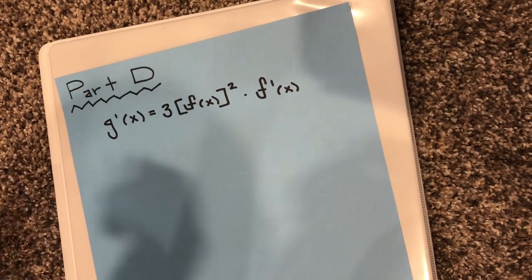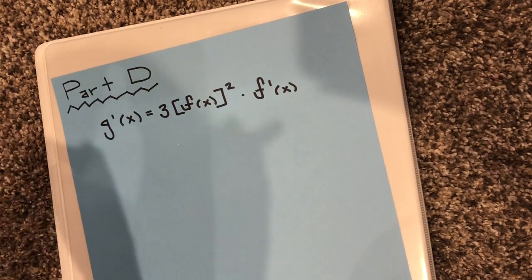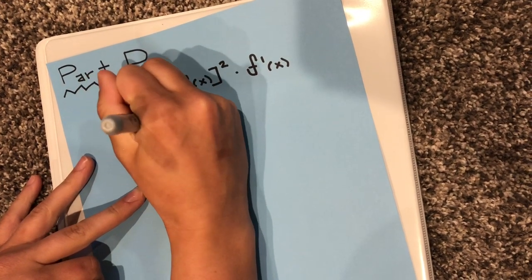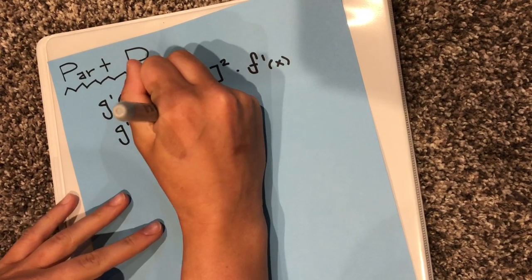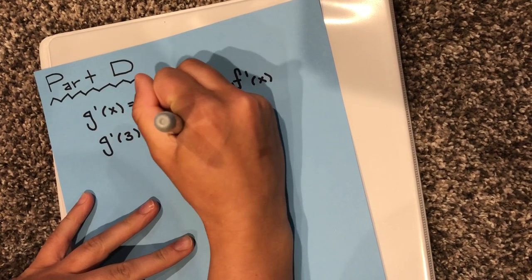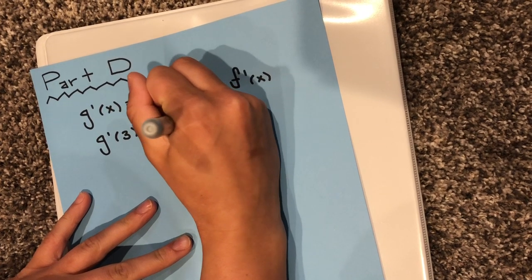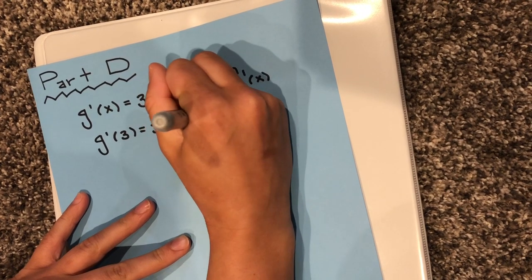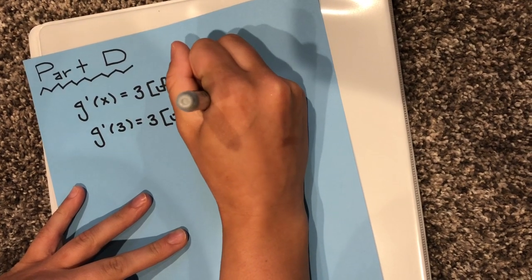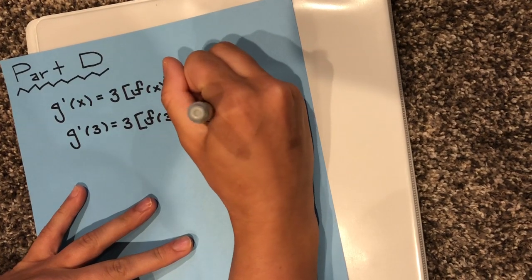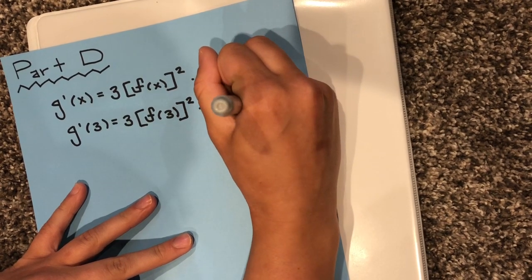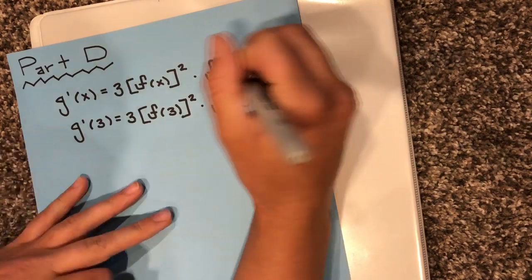You can then plug in 3 for the x value, so your work looks like g prime of 3 = 3 times f(3) squared times f prime of 3. And sorry, my F's kind of changed from the first video.